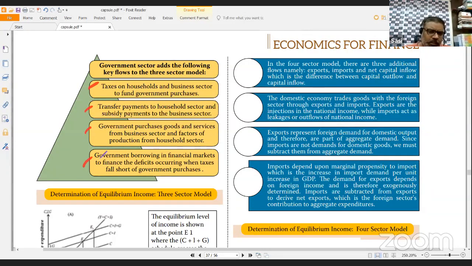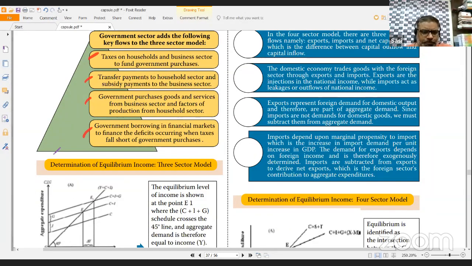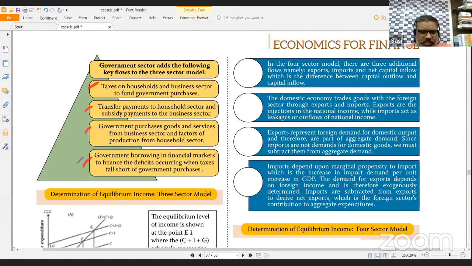And in addition to that, government borrows funds from the financial market, naturally, in order to fund the deficits that occur whenever the receipts of the government in the form of taxes fall short of the government expenditure. So that is a three-sector model.